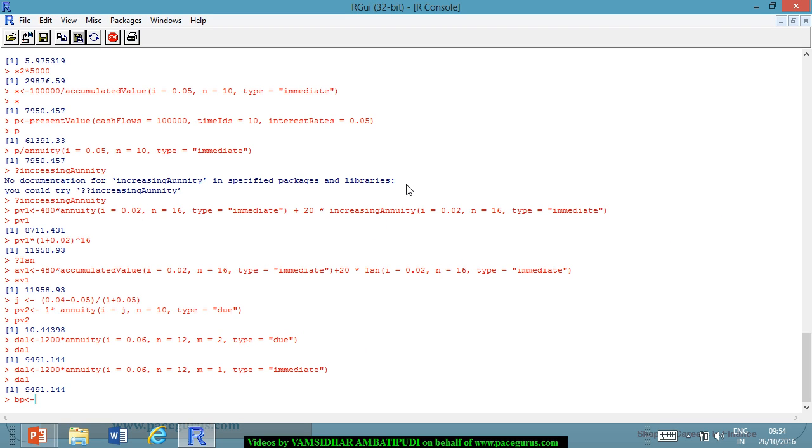The first thing is the redemption amount, par value, 100, which I am going to receive on maturity. So I am calling it 100 times present value computation.